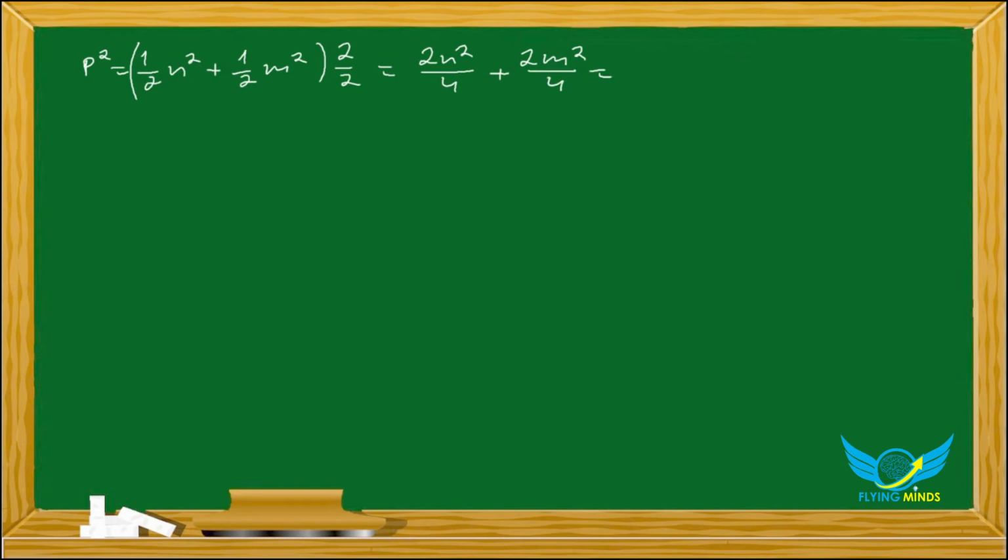Then we can write them as n²/4 + n²/4 plus m²/4 + m²/4. This looks like a quadratic expression, except we're missing two terms. Let's think about what terms we're missing.